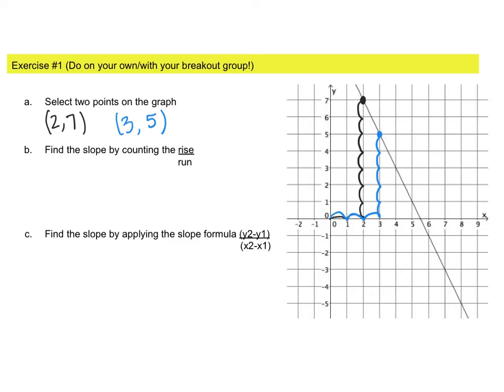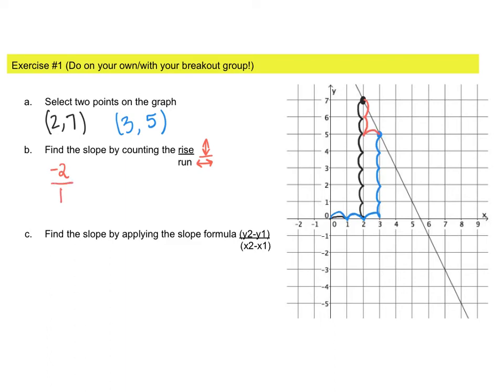Now I'm going to calculate the rise over the run. Remember, the rise tells us how many go up and down. Run tells us how many go side to side. So from my black point to my blue point, I'm not going up, I'm going down. So it's going to be a negative slope. So I'm going down 1, 2. So I'm going down 2. And then I'm going over 1.